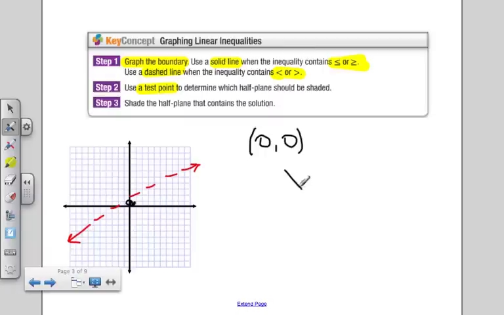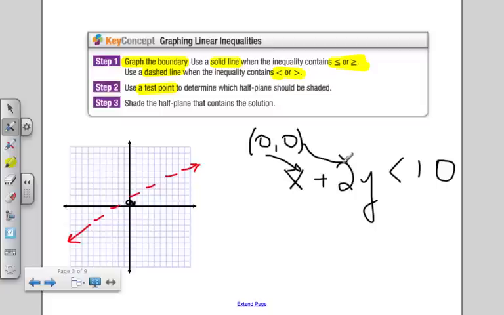If you had x plus 2y is less than 10, right? And you put 0 in here and here. Is 0 plus 2 times 0 less than 10?